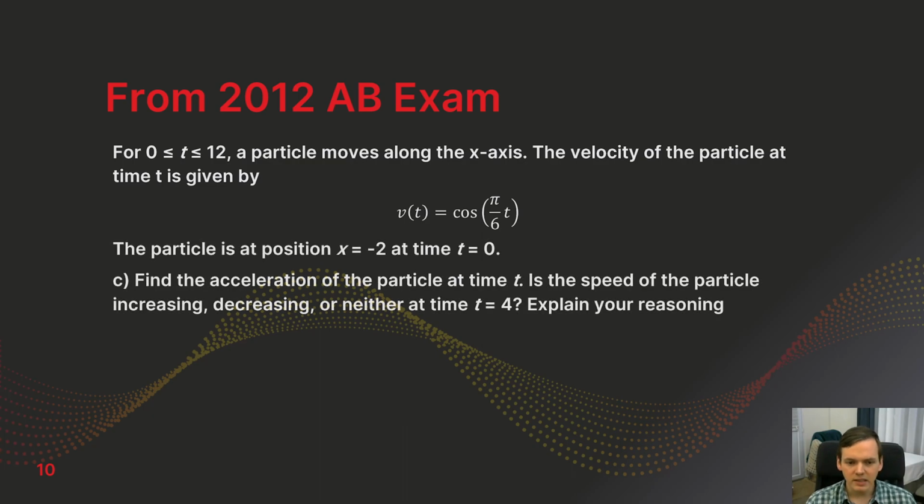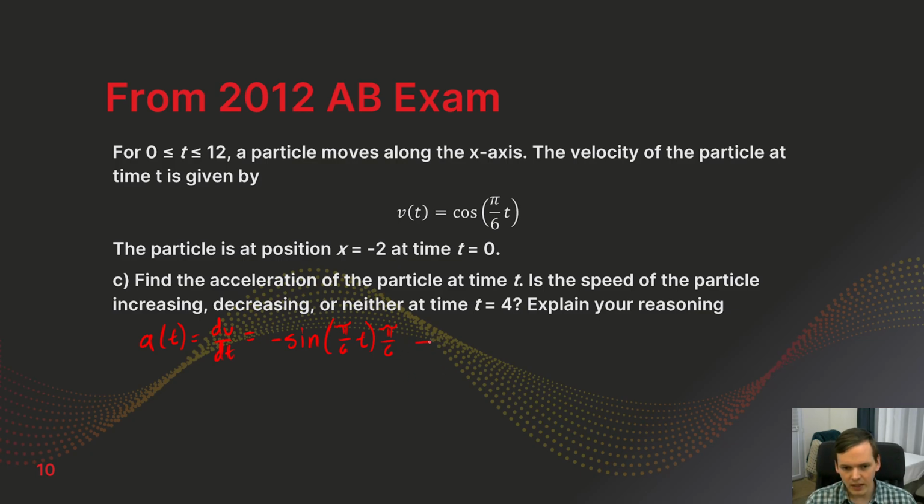Part C says, find the acceleration of the particle at time t. Is the speed of the particle increasing, decreasing, or neither at time t equals 4? And explain your reasoning. Well, we know that acceleration is the derivative of the velocity with respect to time. So in this case, it will be negative sine of pi over 6 t times pi over 6 because of the chain rule.